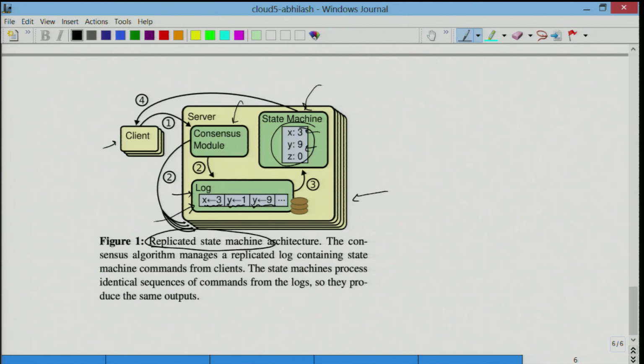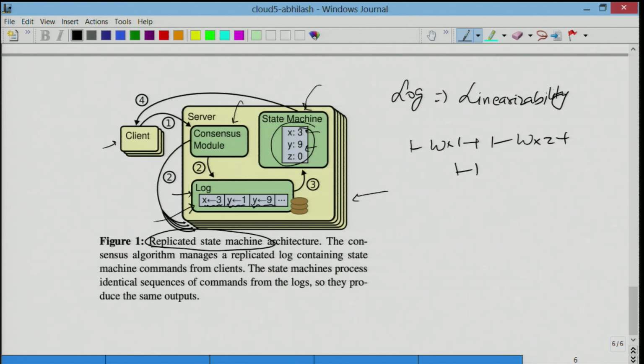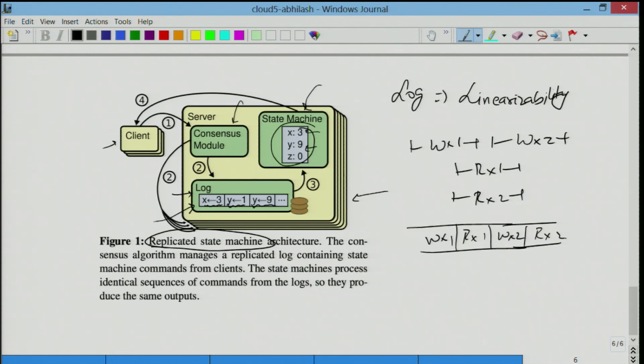Okay, so the point of the log is that a log quite trivially implies linearizability. Let us say the clients are sending requests and they are getting responses. These things are put in a sequential log. So w x 1 will be put in this log, then r x 1, then w x 2, then r x 2.